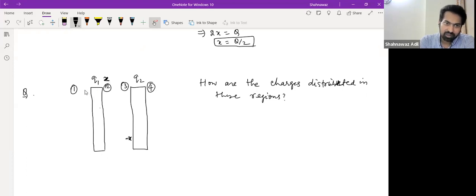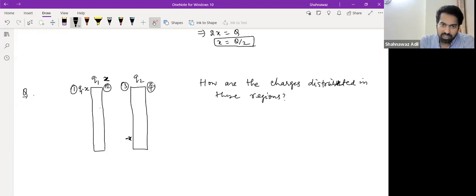Plus X. Total is Q1. This has X, so this would be Q1 plus X, positive.